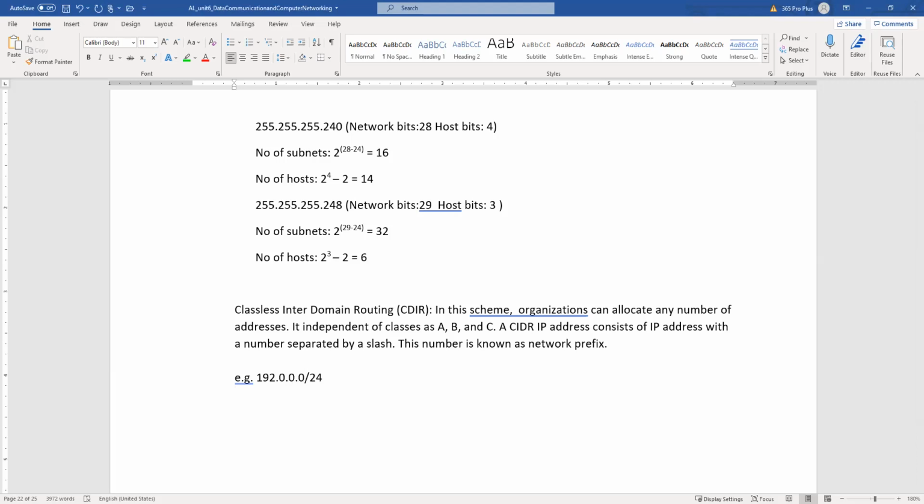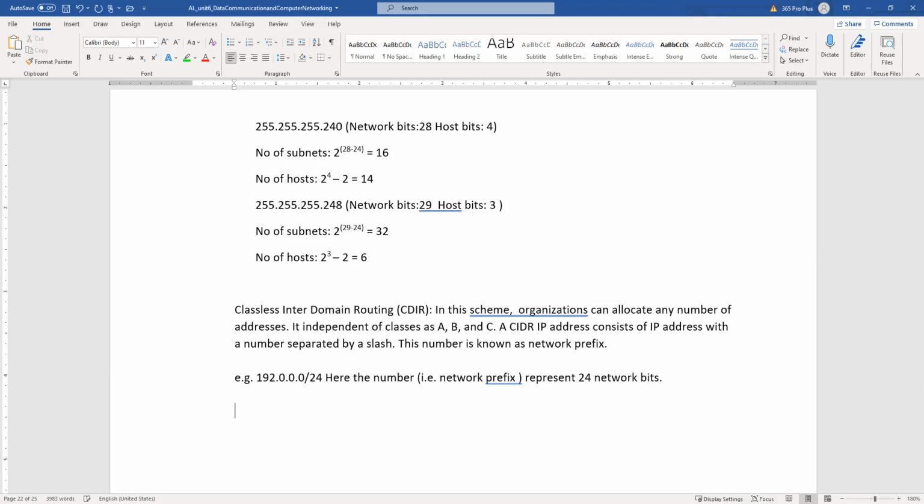So this number 24 represents 24 network bits. The network prefix represents the 24 network bits.